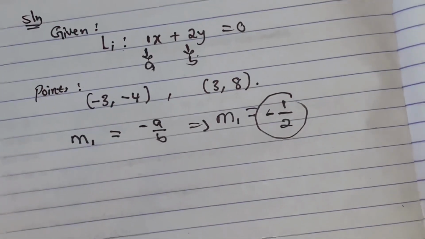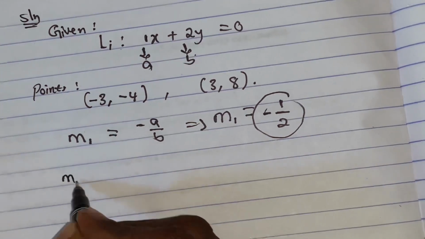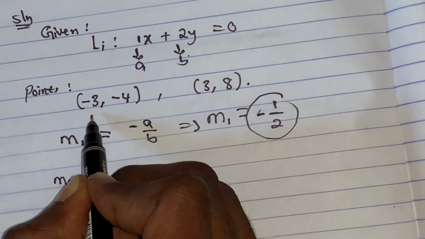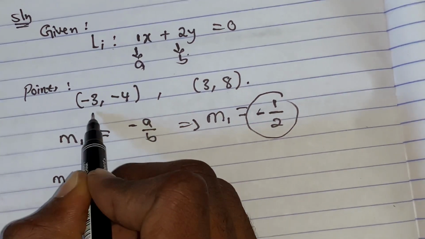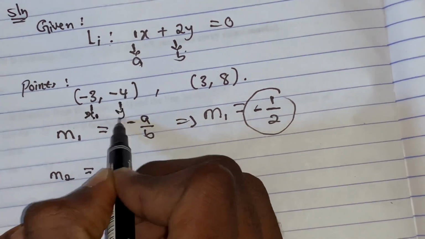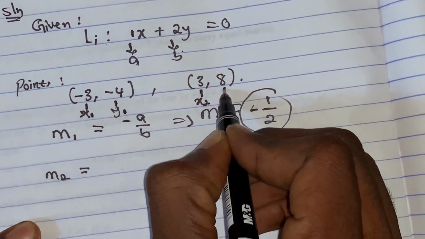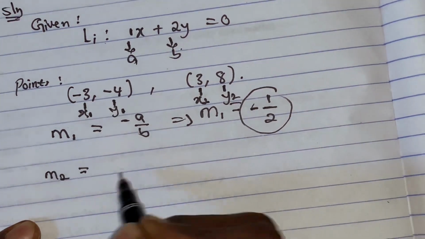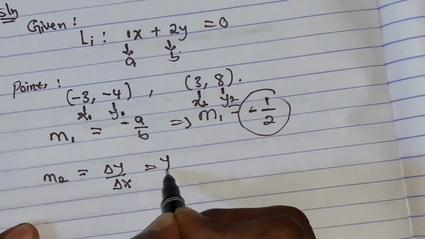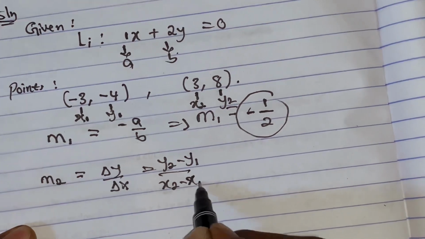Then we can find the gradient m2 from the points given. For m2, we have x1, y1 here, and x2 and y2 also. So this is change in y divided by change in x, which is y2 minus y1 divided by x2 minus x1.